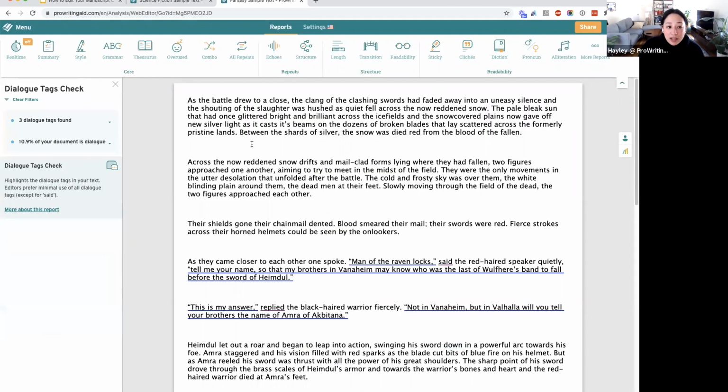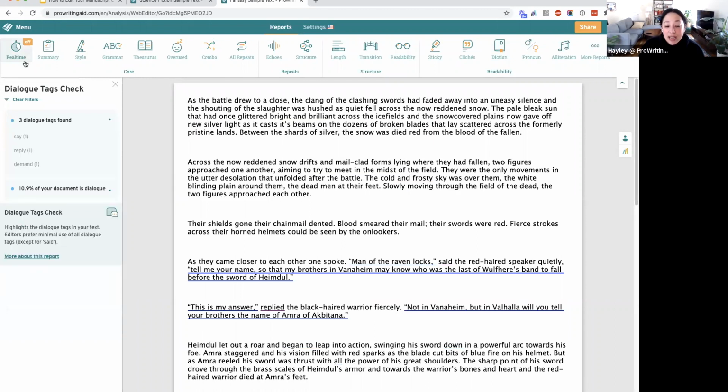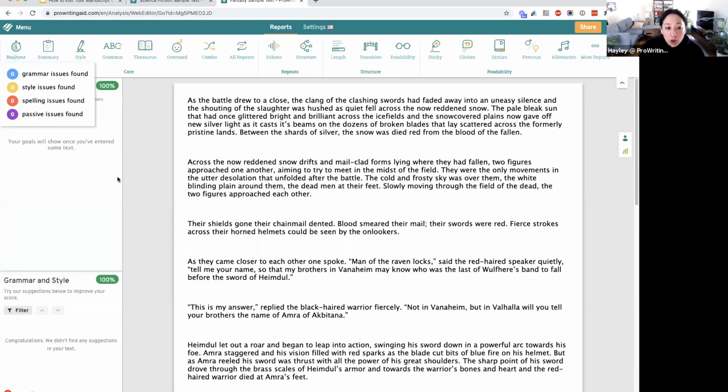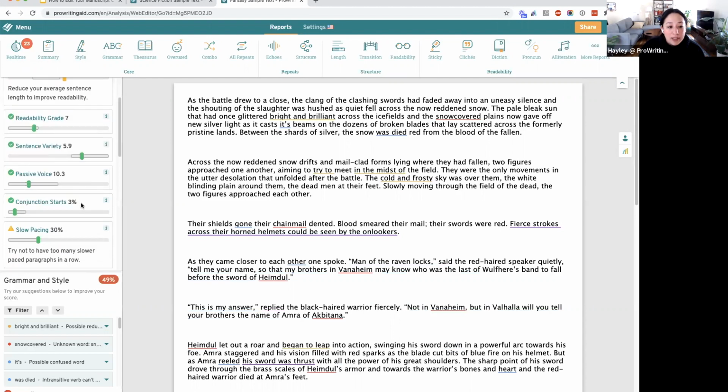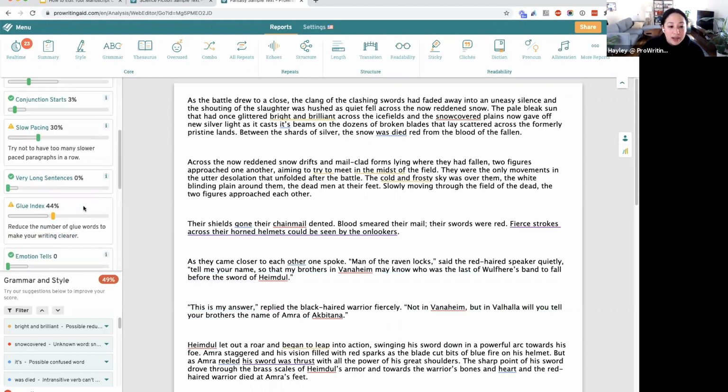Our dialogue check will also find places where you've used dialogue tags, and then in our goals report as well, you'll find places where you've used adverbs with your dialogue tags.